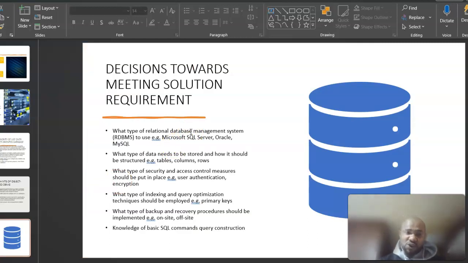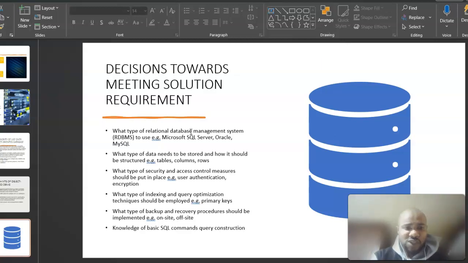Decisions towards meeting the solution requirement: I would suggest that we should know what type of relational database management system to use, maybe Microsoft SQL Server, Oracle, or MySQL.